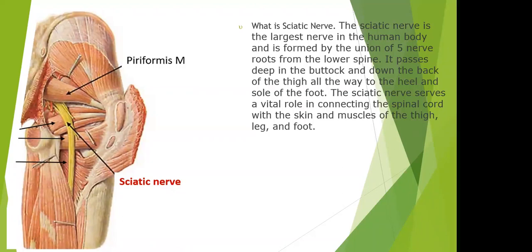From the lower spine, it passes deep in the buttocks and down the back of the thigh, all the way to the heel and sole of the foot. The sciatic nerve serves a vital role in connecting the spinal cord with the skin and the muscles of the thigh, leg, and the foot.